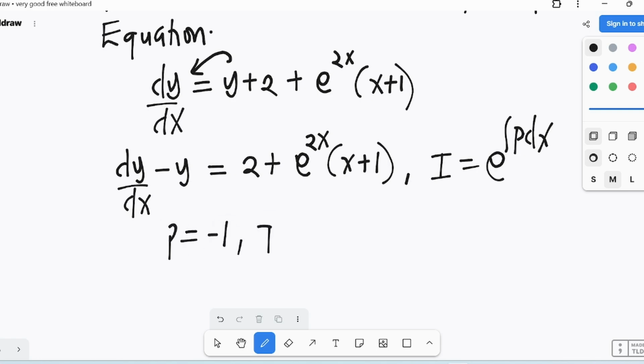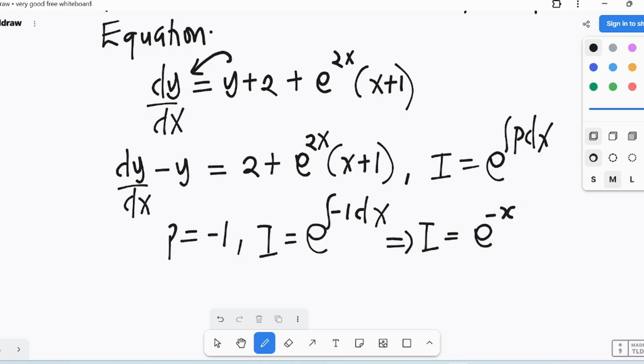Therefore our integrating factor is the exponential of the integral of negative 1 dx, which gives us our integrating factor as e^(-x). Then the next thing is to multiply it throughout our differential equation.